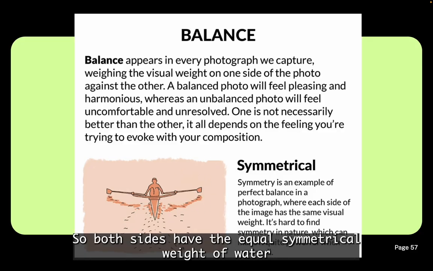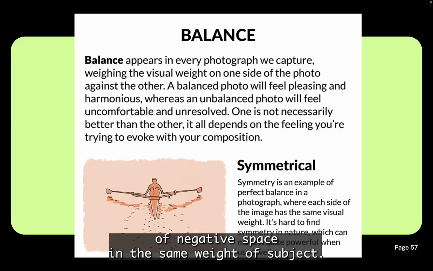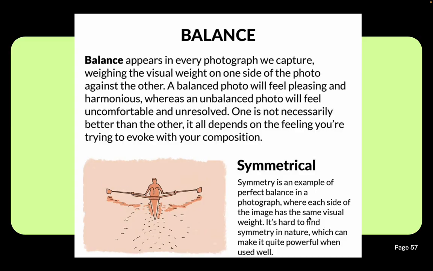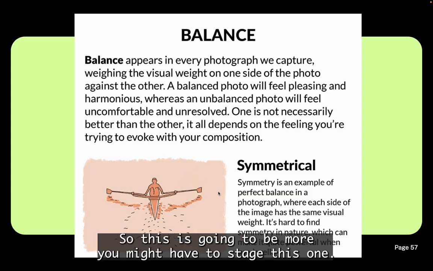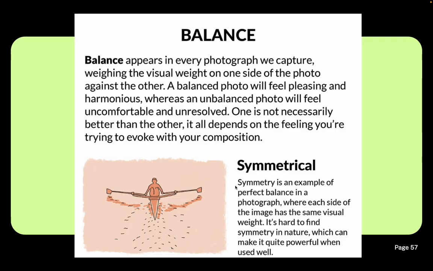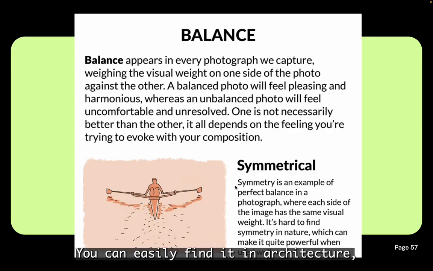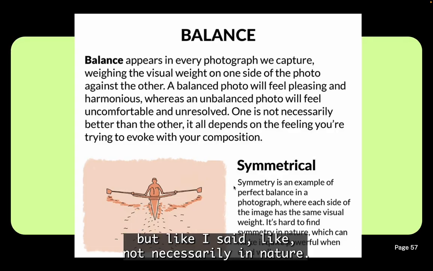So both sides have the equal symmetrical weight of water, of negative space, and the same weight of subject. This is hard to find in nature, so you might have to stage this one. You can easily find it in architecture, but like I said, not necessarily in nature.